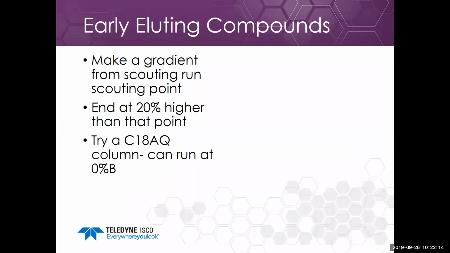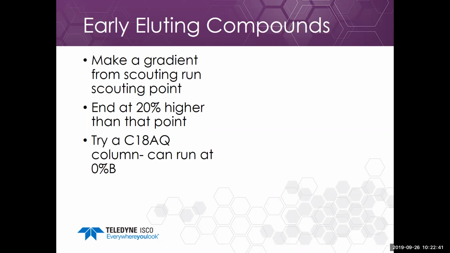The way to deal with that is to make a scouting gradient, make a gradient from the scouting run initial point. So in other words, if you start off at 5% B, that's what you start your scouting run at, and then you try to end at about 20% higher than that data point. So a 5 to 25% gradient, and it should elute within that period.